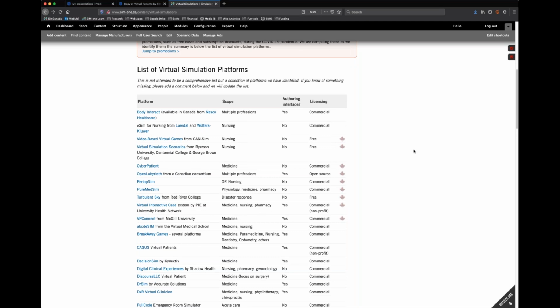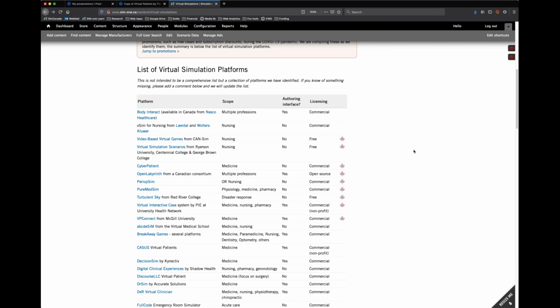But you'll see this fairly extensive list right now. And what I've included on this list are actually just what I would consider virtual simulation platforms. So the software foundations you could use to create multiple virtual simulation cases. So these aren't just links to individual cases, but links to those platforms.